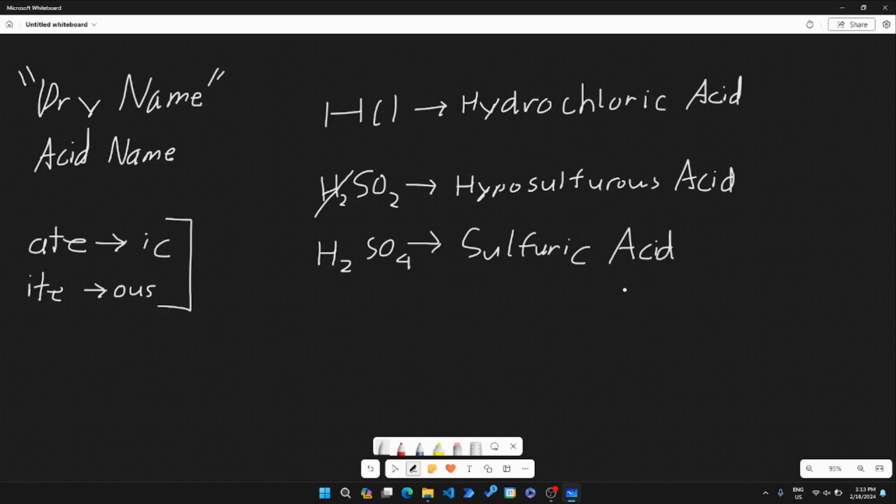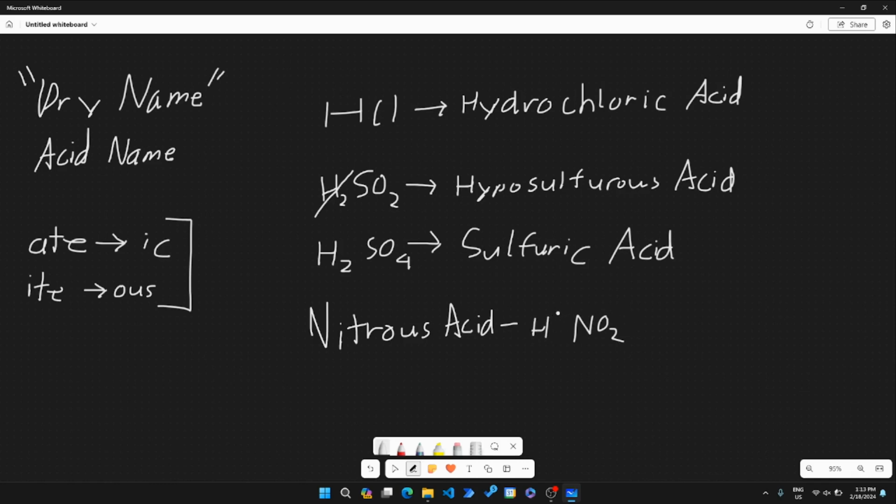So going back from acid to the formula, for example, if you have nitrous acid, well, we know that nitrous is nitrite, so that's NO2, and we know this is bonded to some sort of hydrogen.